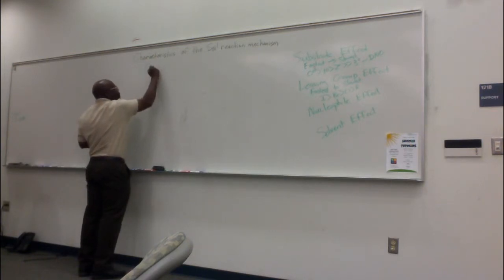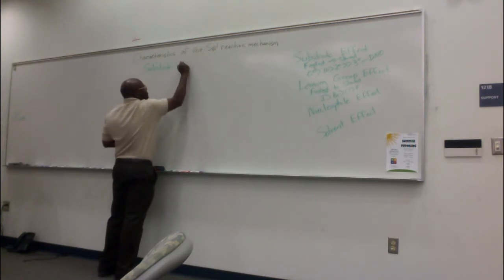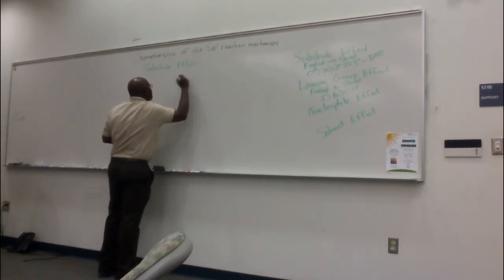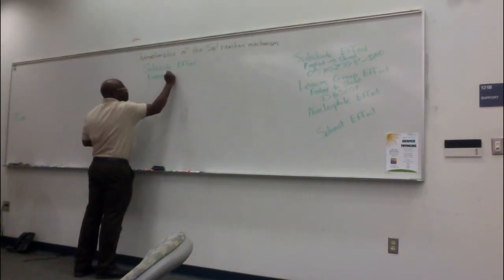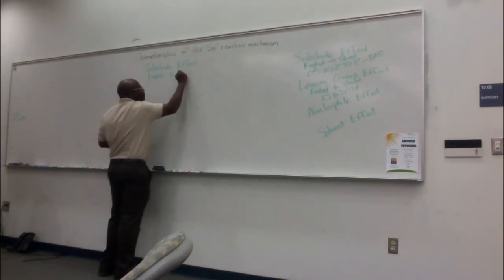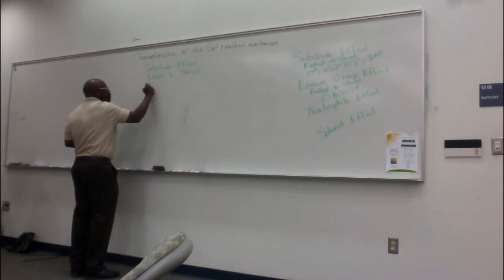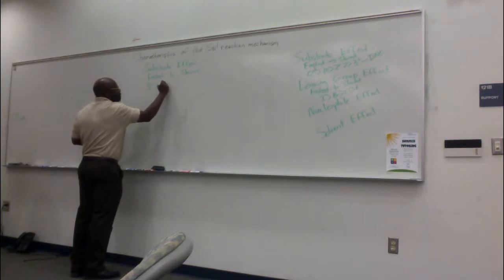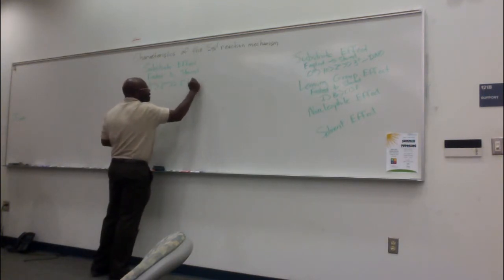Substrate effect, fastest to slowest. The fastest is going to be a 3 degree, followed by a 2 degree, which is much faster than a 1 degree or a 0 degree.